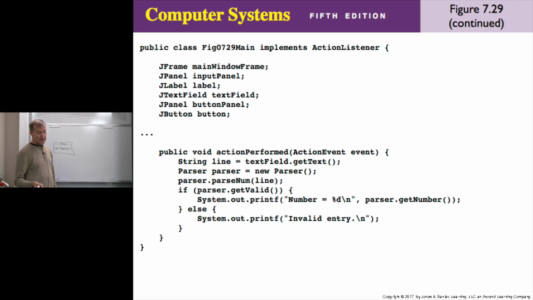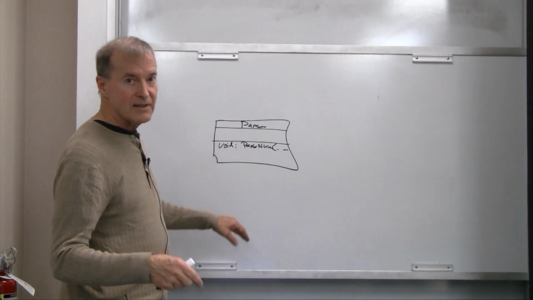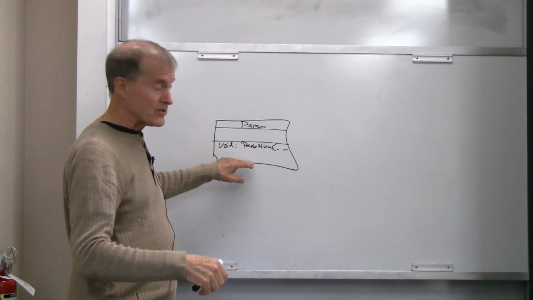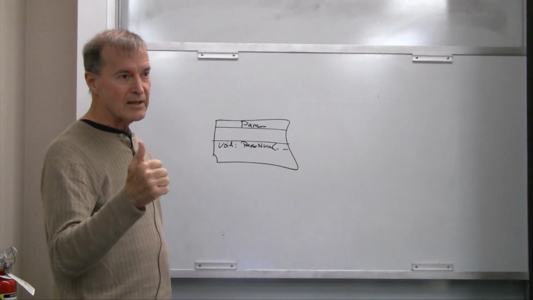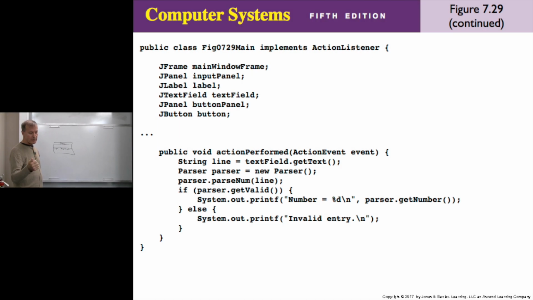And now what happens on the next line? If parser.getValid, what happens? System.out.printf what? Number equals, and then the placeholder for the number, and backslash n, and what? Parser.getNumber. So what does that tell us? There's going to be a method called getNumber. How many methods do we have so far? We've got parse num, we've got getValid, which returns a Boolean, and getNumber, which returns a what?